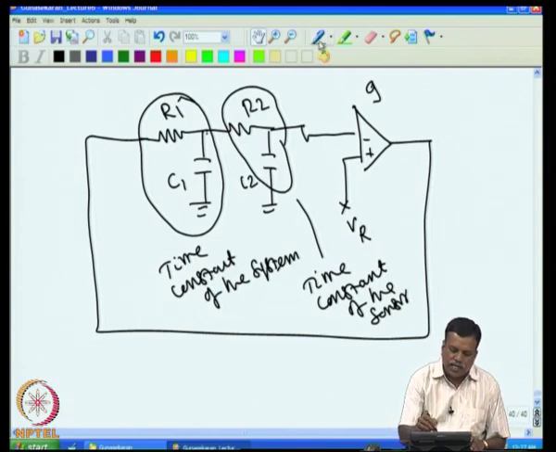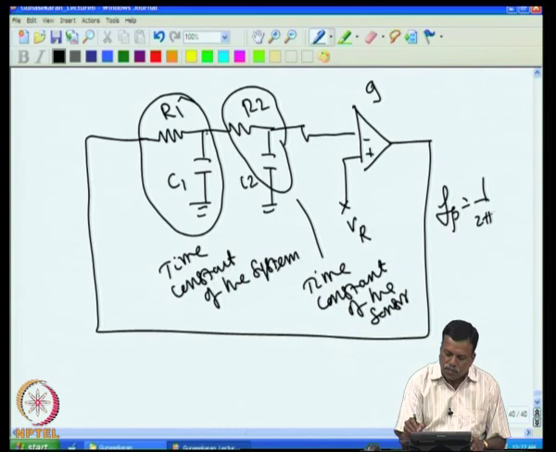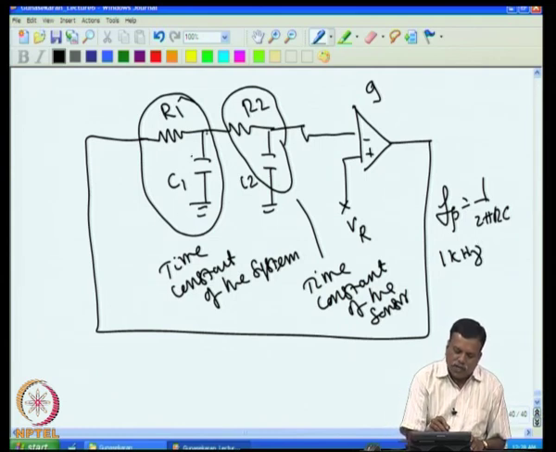For example, the pole frequency is f equals 1 by 2 pi RC. If the pole frequency, for example, is 1 kilohertz, that means at 1 kilohertz it will give you a 45 degree phase shift. Then at 10 times the pole frequency, at 10 kilohertz, the phase shift will become 90 degrees.